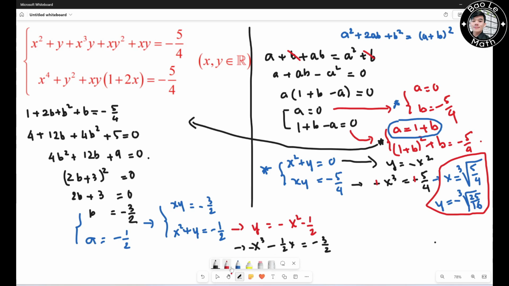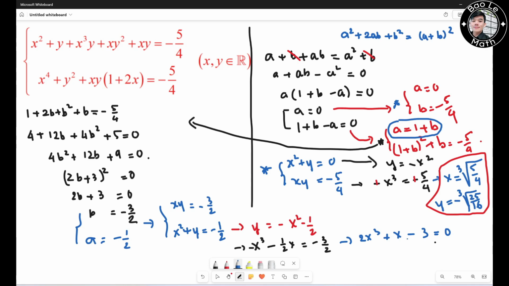So it turns out to be 2s cubed plus s equals 3. Alright, so now I'm going to subtract 3 both sides. So this guy turns out to be minus 3 equals to 0.